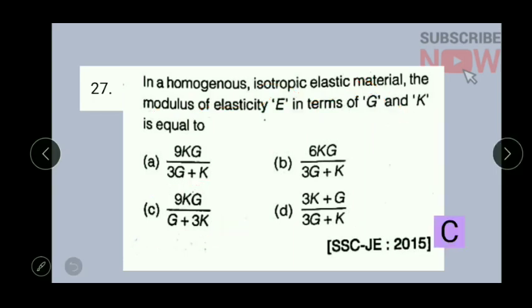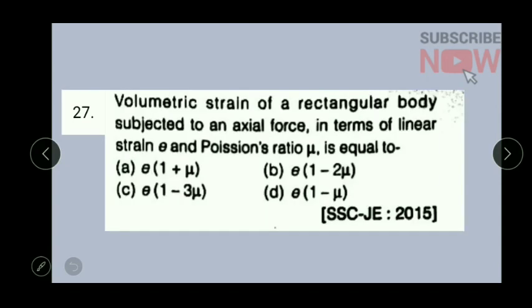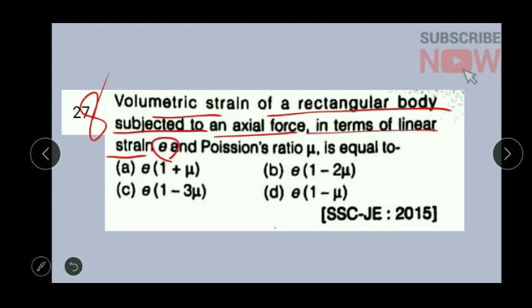Moving towards question number 28, the volumetric strain of a rectangular body subjected to an axial force in terms of linear strain, where linear strain is given by small e and the Poisson's ratio is given by mu. We need to calculate the volumetric strain.